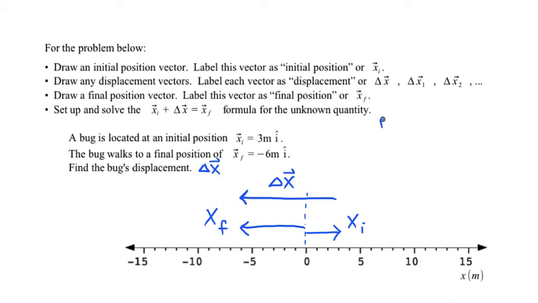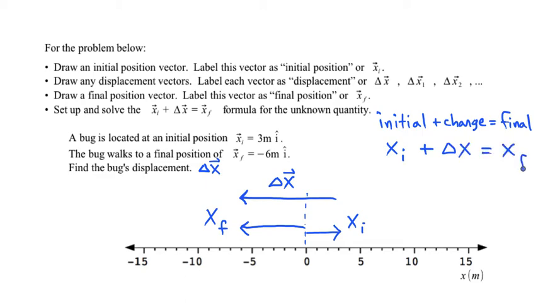And in the formula, we want initial plus change equals final. You don't always have to write it out in words, of course. We want it in symbols: xi plus delta x equals xf.